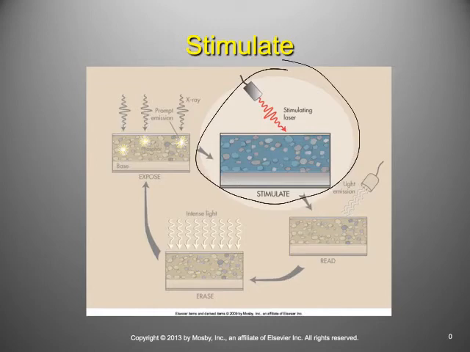As we increase the strength of the laser, we will simultaneously increase the strength of the light emitted by the PSP, by the crystals. And interestingly enough, the diameter of the laser has a direct effect on the spatial resolution of the resulting image.